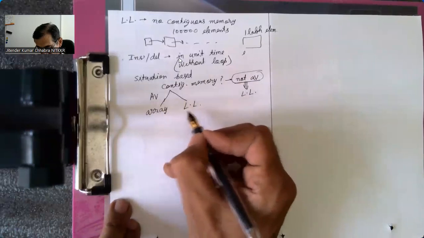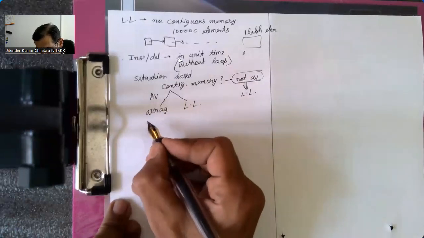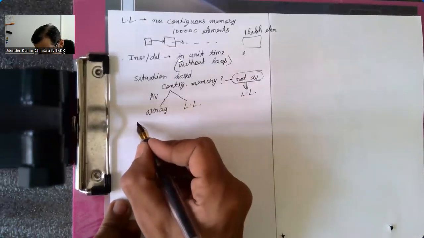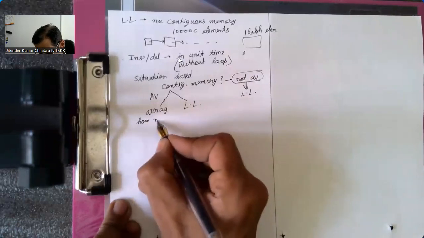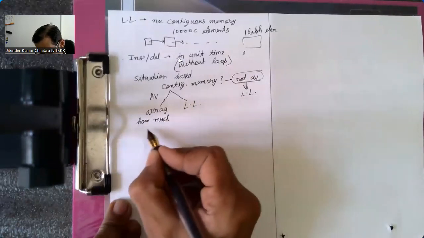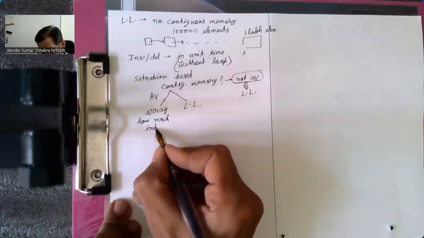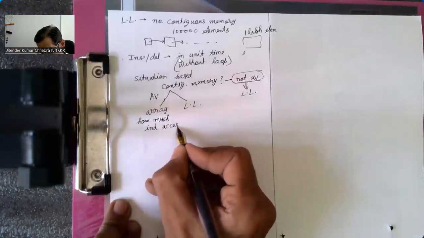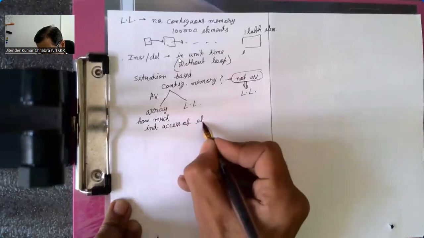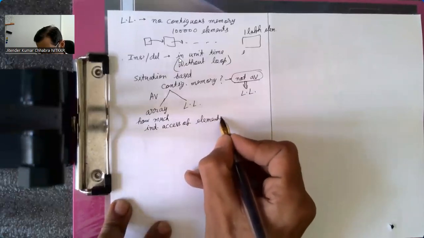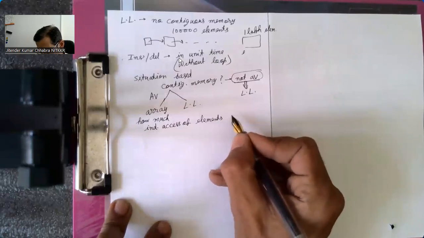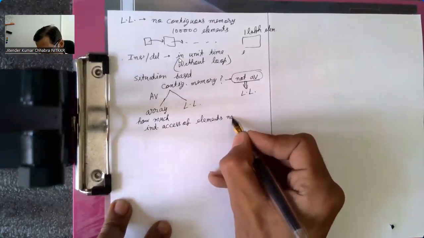If available, array versus linked list. So the choice will be based on how much individual access you need and how much insertion and deletion you will do. So how many times do you need individual access of elements? Somewhere in the last or not in the starting.